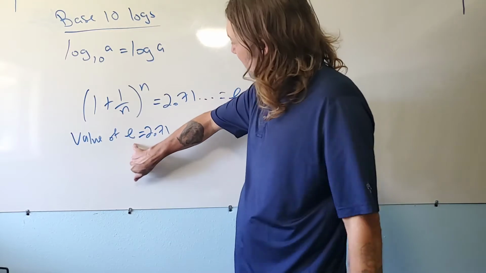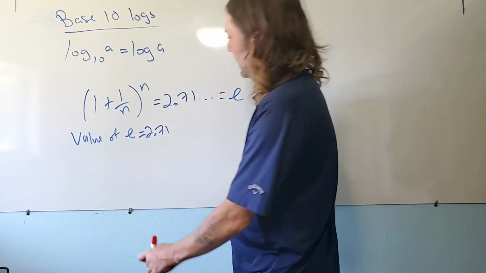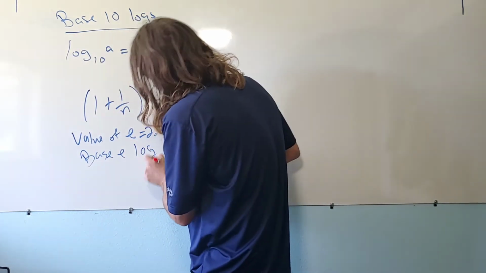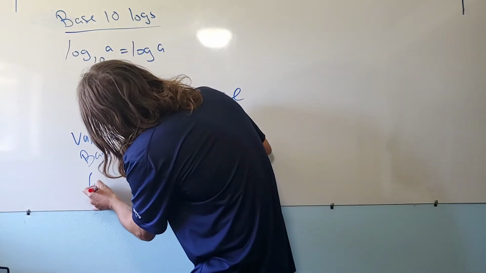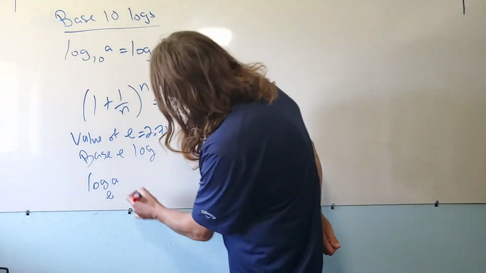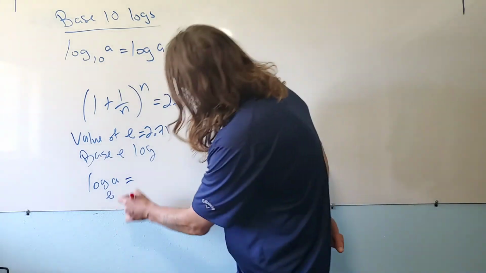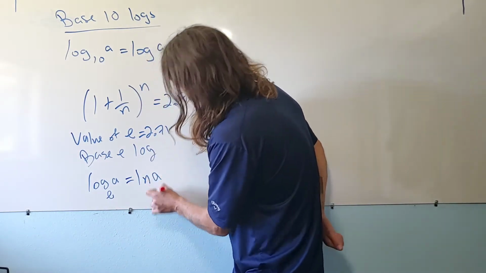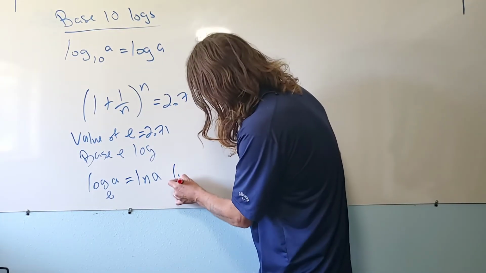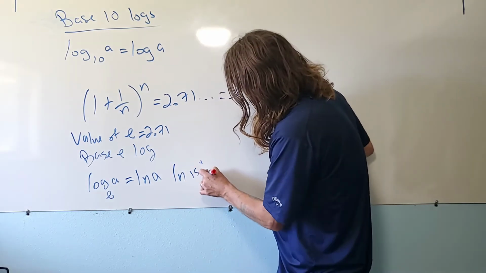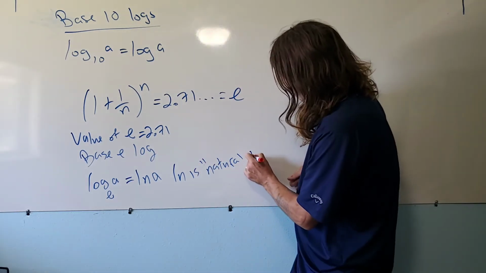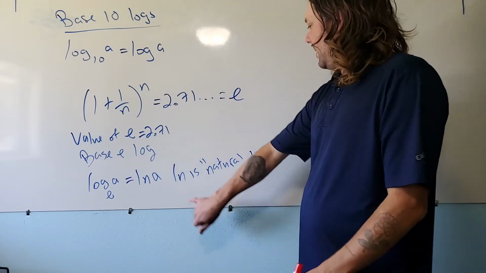And when this is my base number, if I was to have log base E of A, what I'm actually going to do is write this in a completely different way, and say ln of A. ln is what we call the natural log.